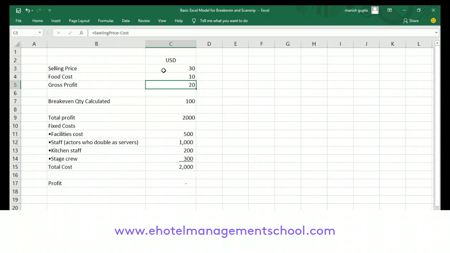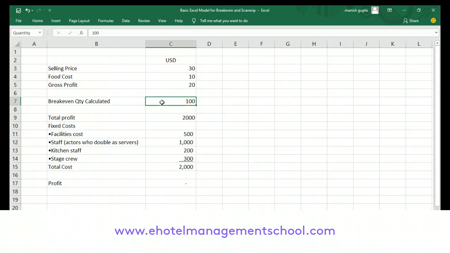I have named the cells with different names: selling price, and we have named this one cost. So when you are using the formula, you can easily see what it is: selling price minus the cost.